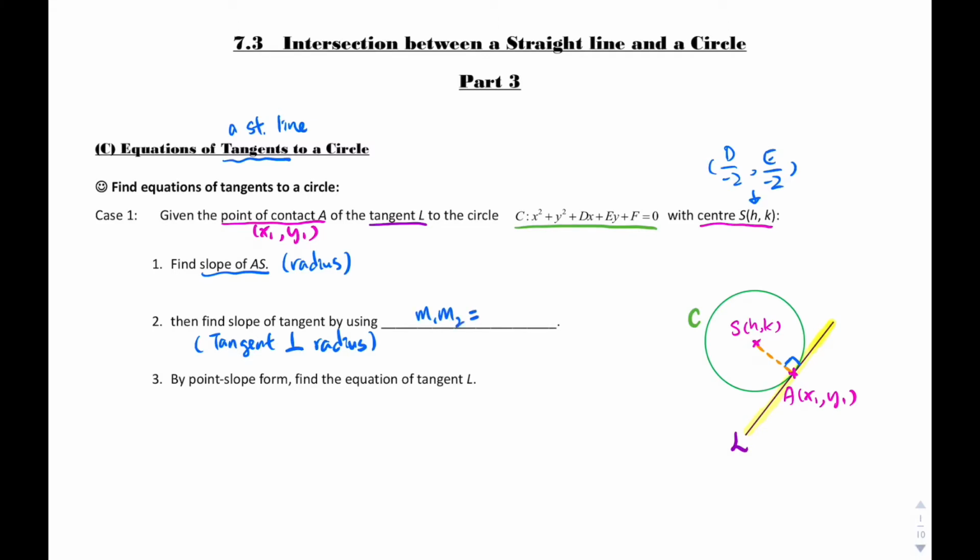You can use the product of the slopes equal to negative 1 to find the slope of L. And after you have the slope of the straight line L and you also have the coordinates of A, then you can find the equation of tangent L by point slope form.